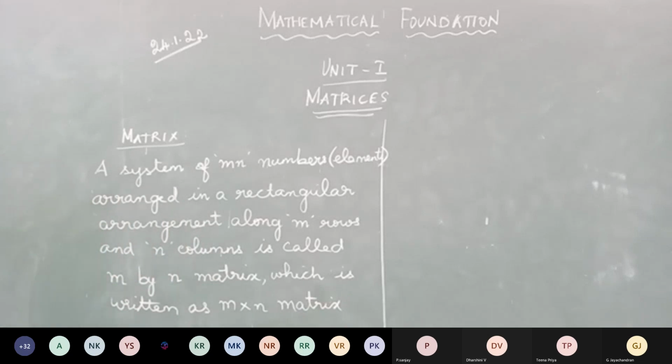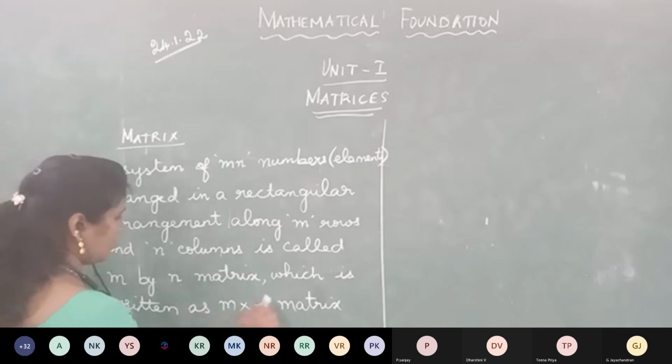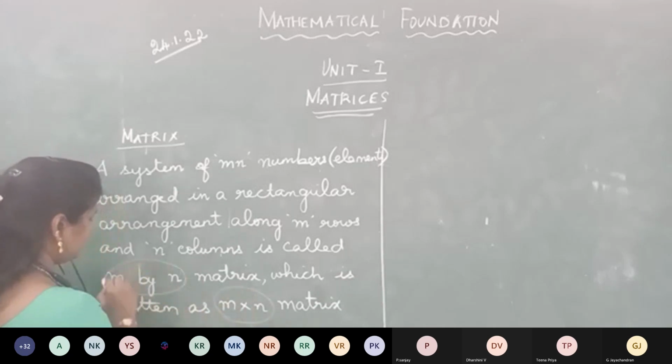However you have learned it, you write it down. You can name it like that, m cross n or m by n matrix.